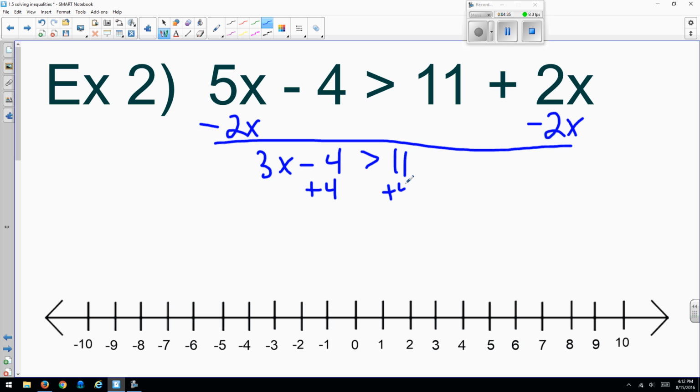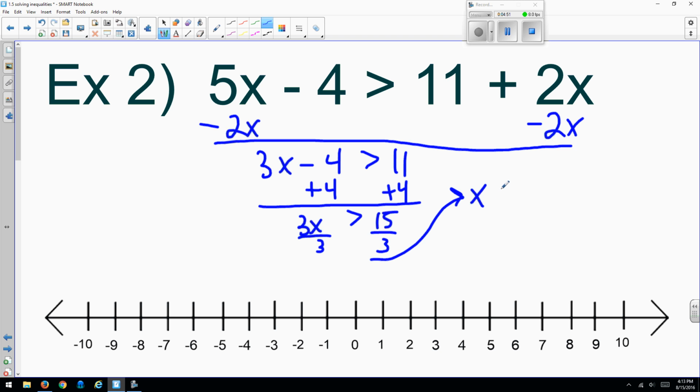Add 4 to both sides. 3x is greater than 15. Divide by 3. Notice here I do not need to switch the sign at all because I'm dividing by a positive. So x is greater than 5.